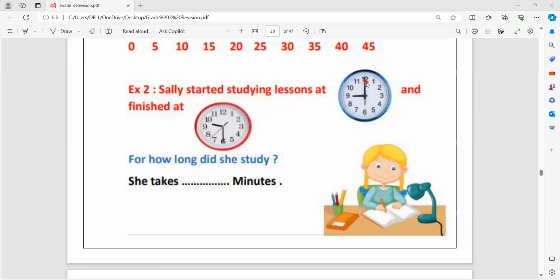But the long hand moved from here to reach here. So we are going to jump from 12 or 0 minutes until I reach number 6 to find how many minutes she took. 5, 10, 15, 20, 25, 30. So she takes 30 minutes.